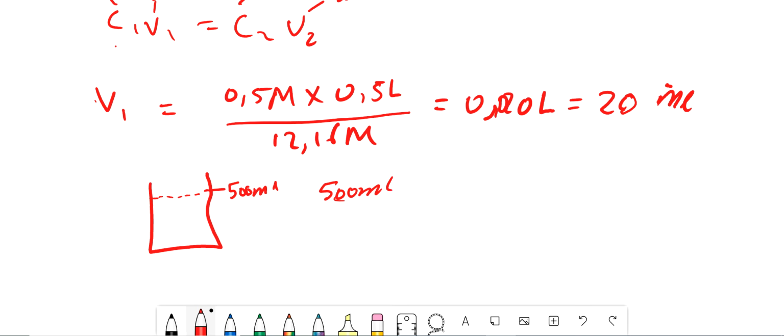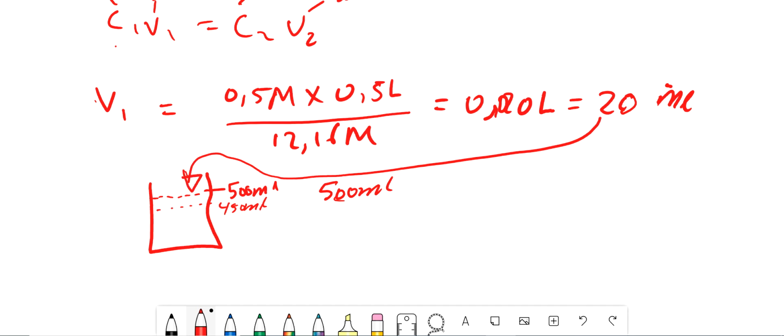Okay, so first you will fill this with water, maybe until this mark, let's say the 450 mark. Okay, and then after that you will add 20 ml of stock solution, and your volume, let's say, will be at 470 here, and then you will add the remaining water until the 500 mark.